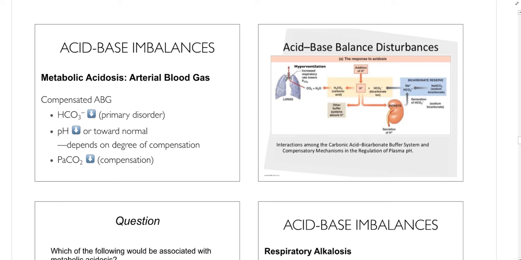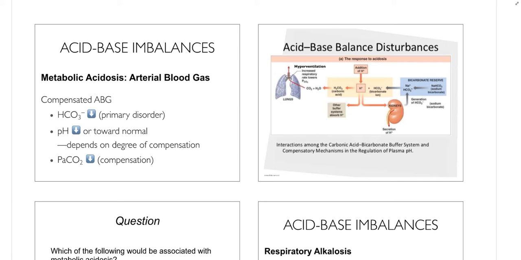So it'll be compensated when we look at an ABG of metabolic acidosis when the pH has returned to normal. It'll still be on the lower end because, again, the body is not going to want to work any harder than it has to to reach equilibrium or homeostasis.